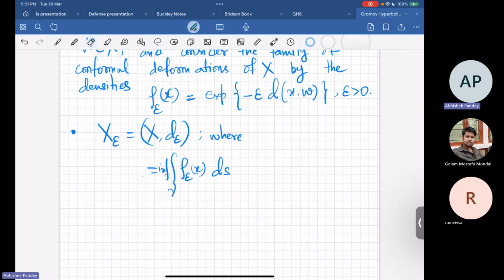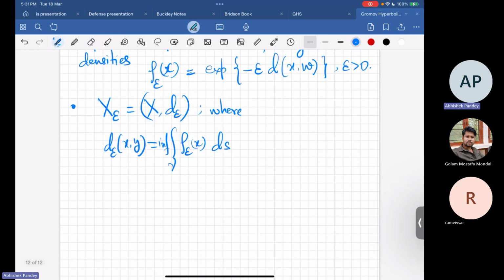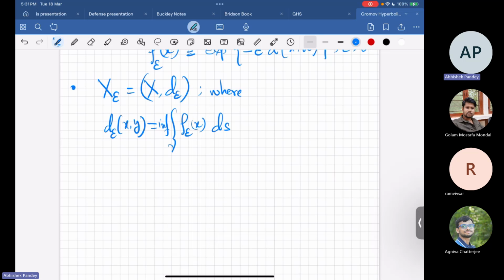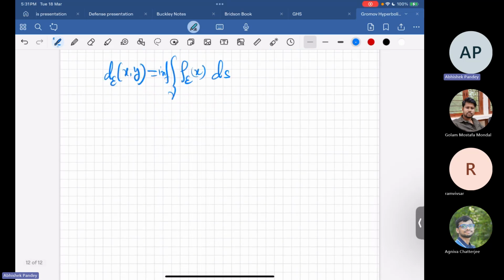So now we have deformed X into another metric space, (X, d_epsilon). Here are some properties. I will mention it as an exercise, because this can be proved without going through the paper.